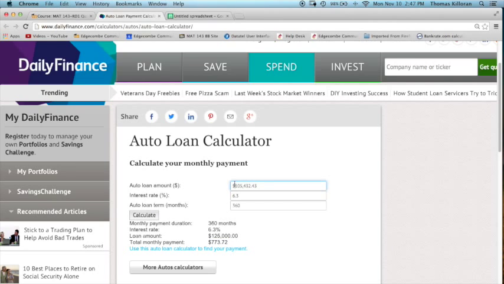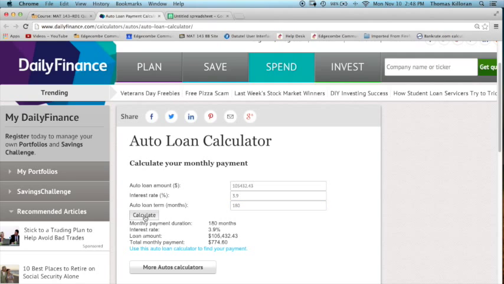I might have to get rid of the commas. So I'm going to be safe, get rid of the commas and the dollar sign. All right, we're changing this to 3.9 interest rate, and I'm quite sure 15 times 30 is 180. I'm just going to be safe. Oop. Not 15 times 30, 15 times 12 is 180. Yeah, so we're doing 180 months.